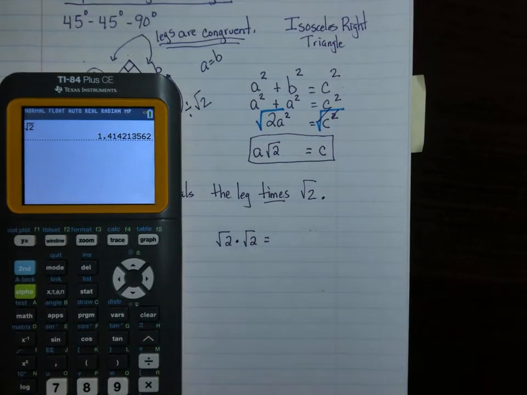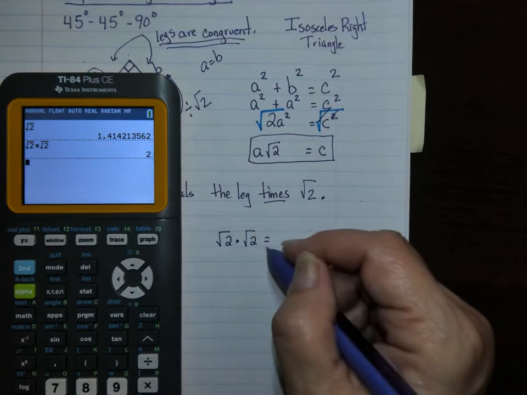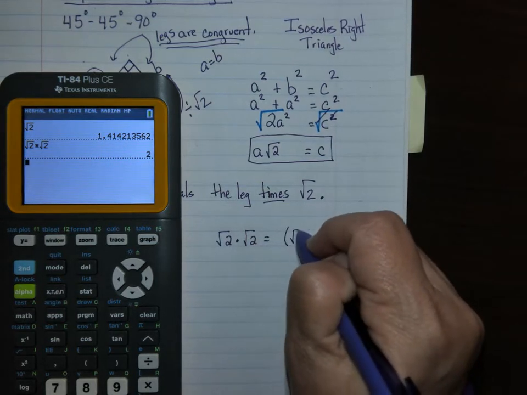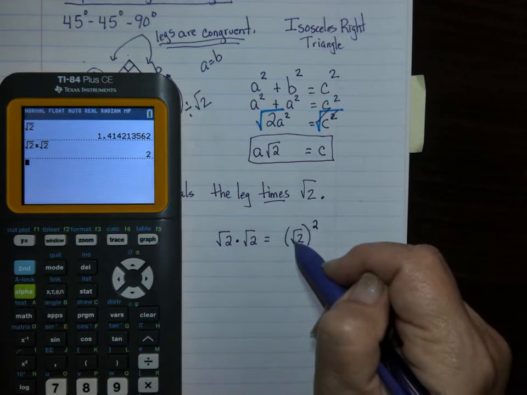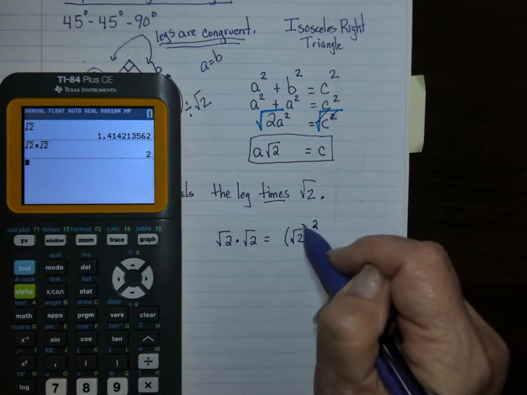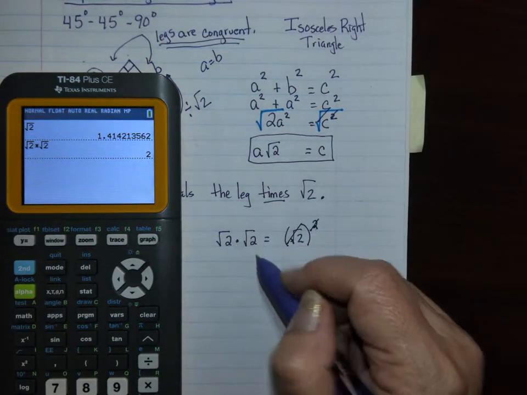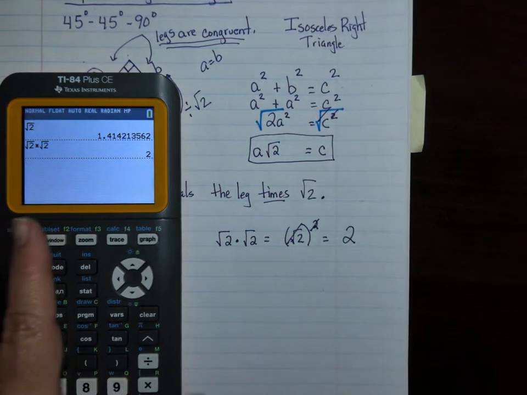Press all those buttons. It's going to equal 2. Because the square root of 2 times the square root of 2, isn't that the same thing as saying you have the square root of 2 and you're squaring it? But squaring and square rooting undo each other. So the square root of 2 multiplied by another square root of 2 is just going to be 2.